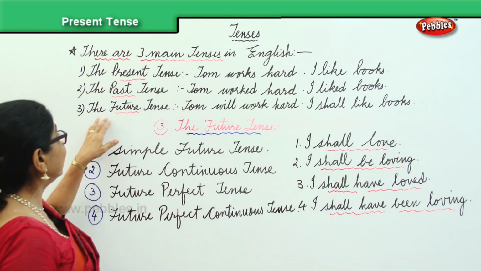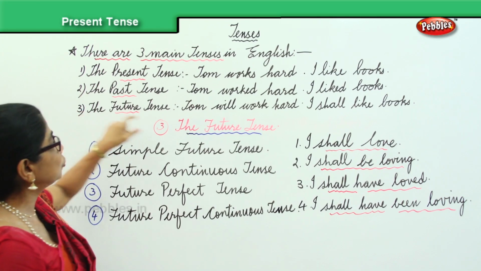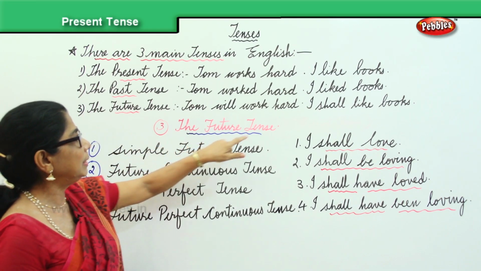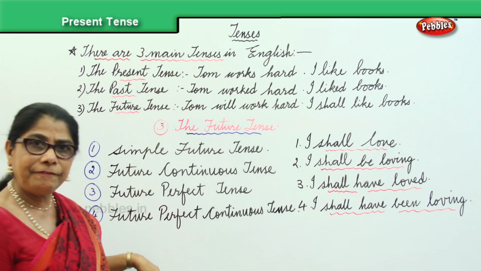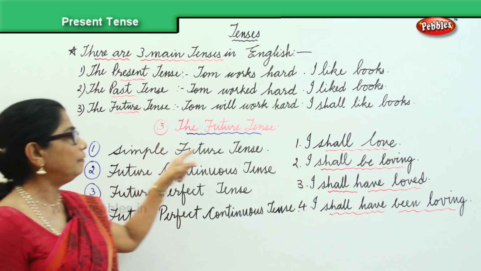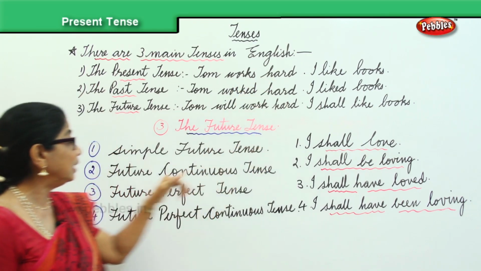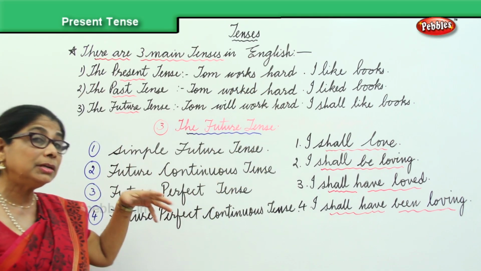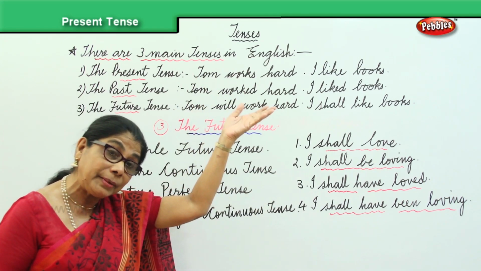I said the last type, the last main tense, that's the future tense. The future tense has 4 different forms. The first is simple future tense, shall love. Then you have future continuous tense, shall be loving.